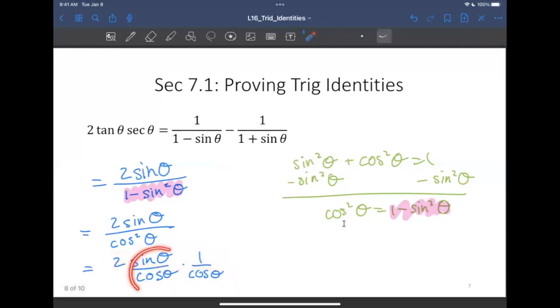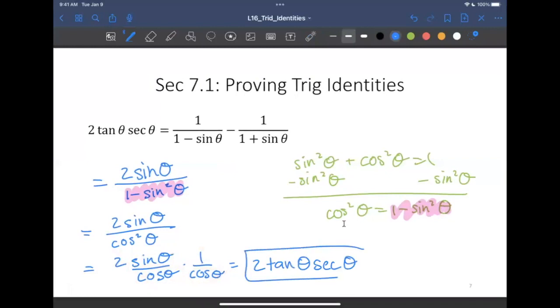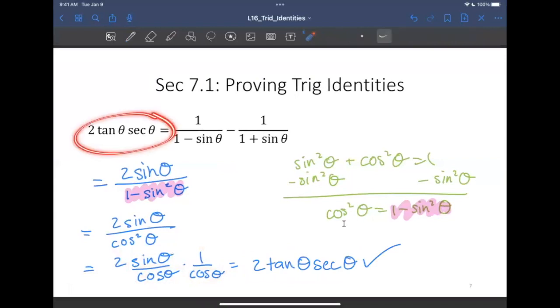I know that sine theta over cosine theta is tangent, and I know 1 over cosine theta is secant. So this whole thing becomes 2 tan theta times secant theta. Okay, and that proves my identity since that is the left-hand side.